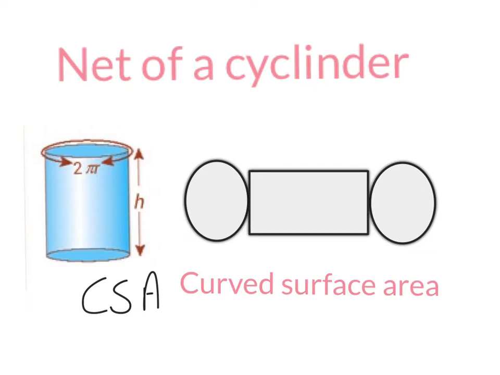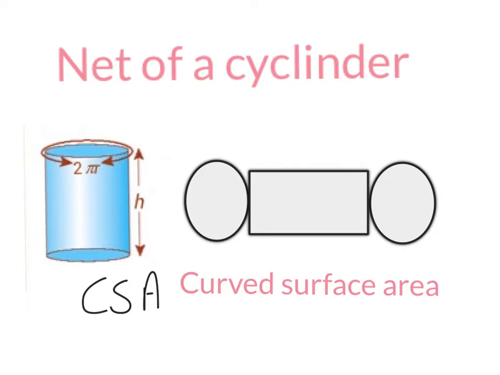There's a relationship between the length of this rectangle and the circle: the length is the circumference, and the formula for circumference of a circle is 2 pi r. If I cut the circle's edge, that would be the exact same as the length of this.